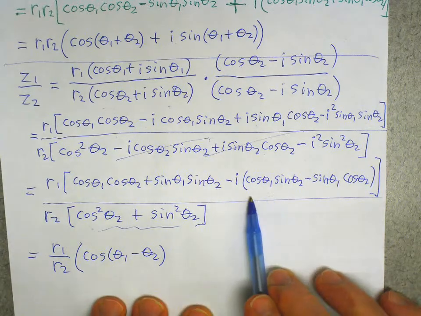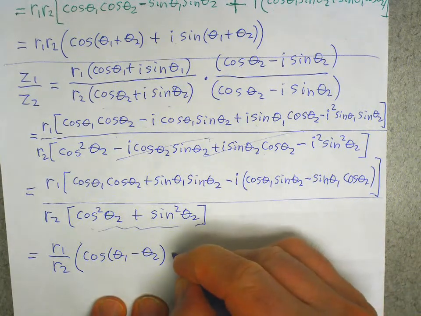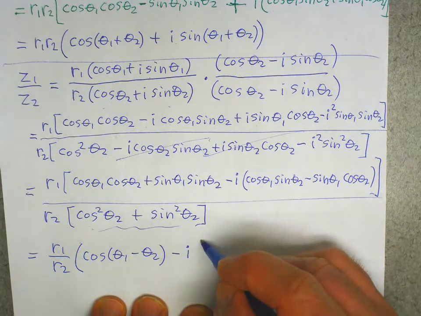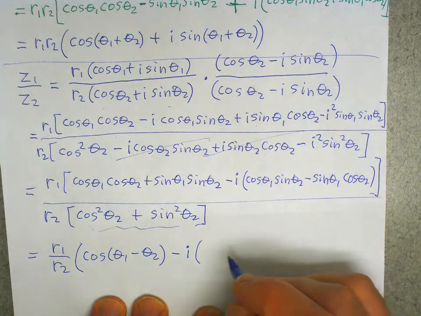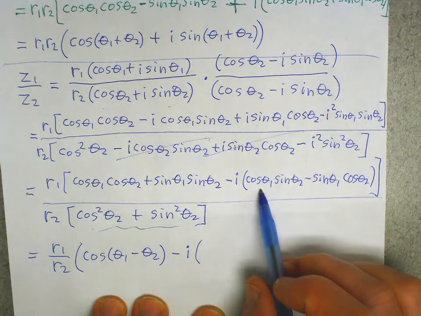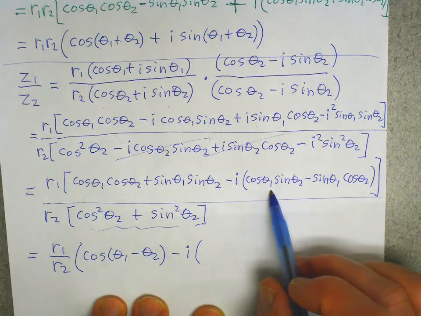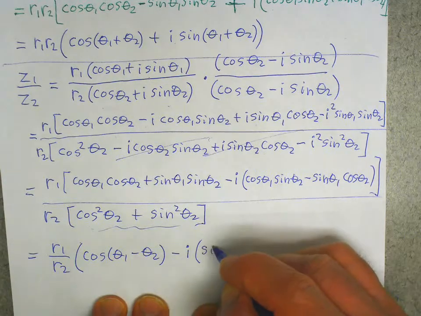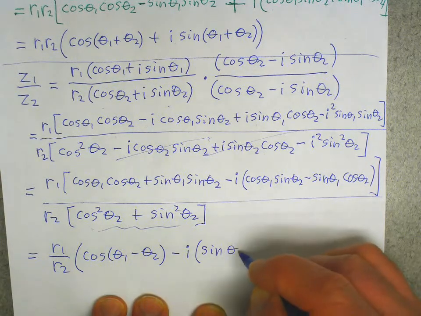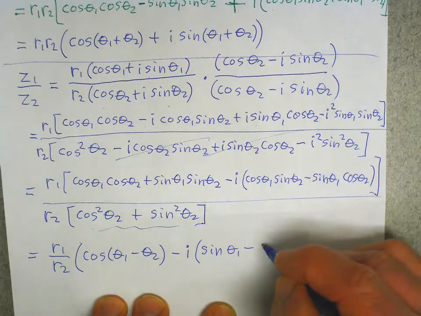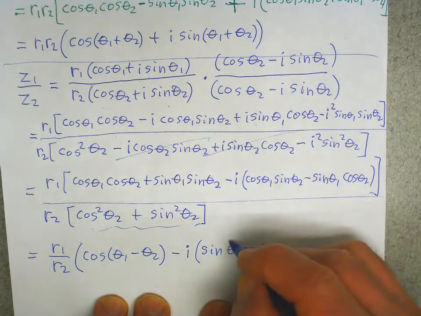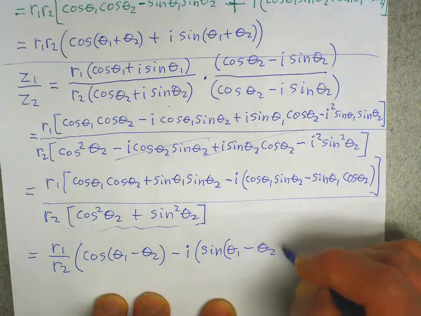And then over here we have minus i times, this is sine of theta 1 minus theta 2.